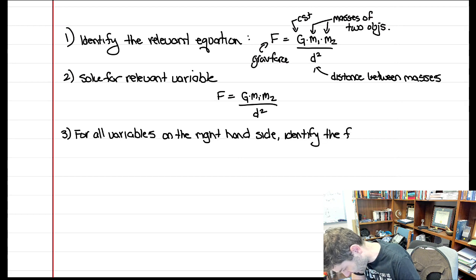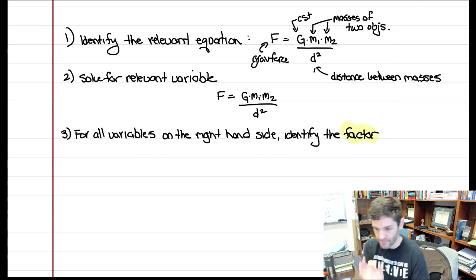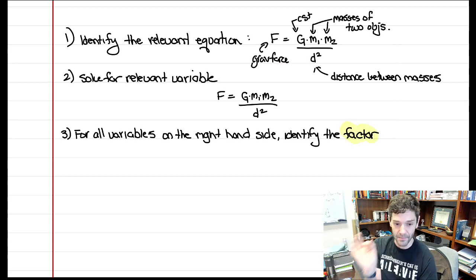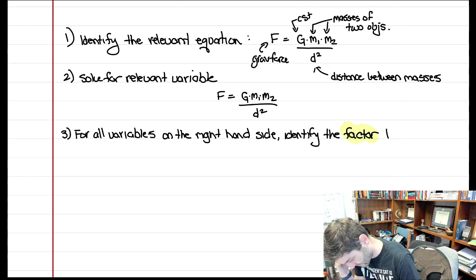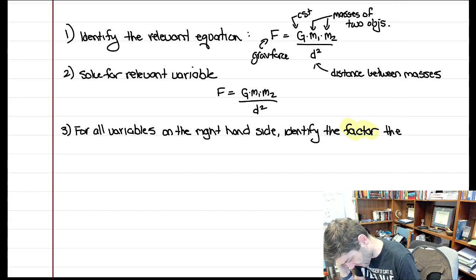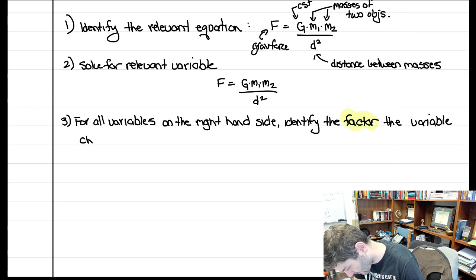Identify the factor. And by that, I'm emphasizing it's not the actual value of the variables I care about, but the factor by which the variable changes, again, if at all.